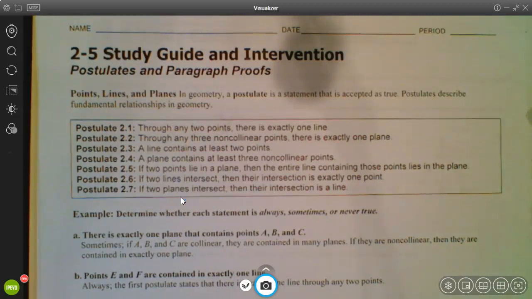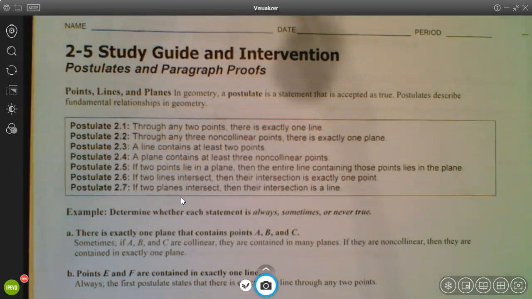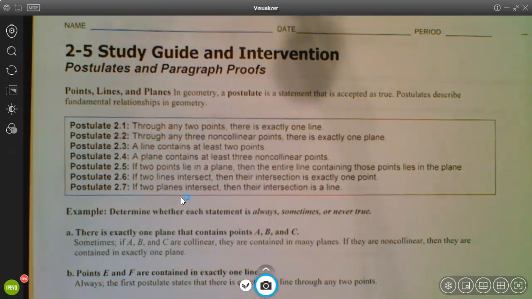So pay super close attention to the ideas that we're going through, because these will be around for the next chapter and a half as we start working mostly on proofs.